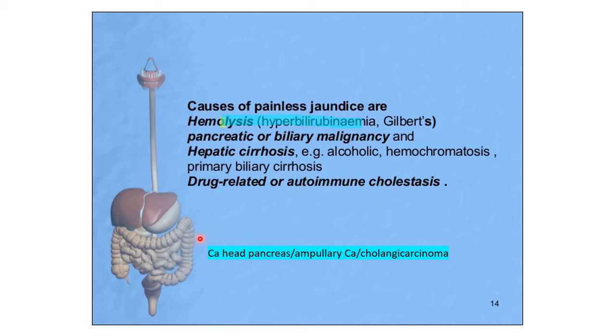Having said that, malignancy is the most sinister and most important cause of painless jaundice. These include the triple malignancy of obstructive jaundice: carcinoma of the head of pancreas, ampullary carcinoma, and cholangiocarcinoma.